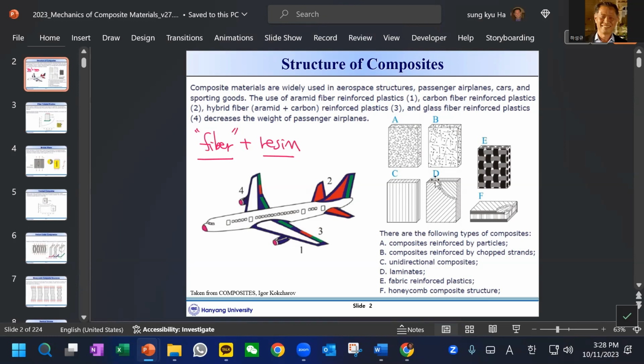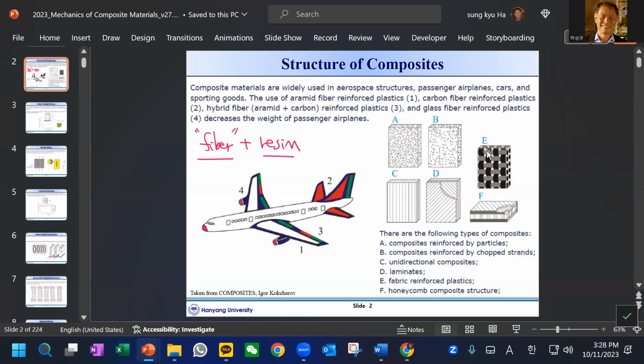Laminate means that it consists of plies, and each ply can be long continuous fiber, or sometimes particle or short fiber. And E is the woven fabric.